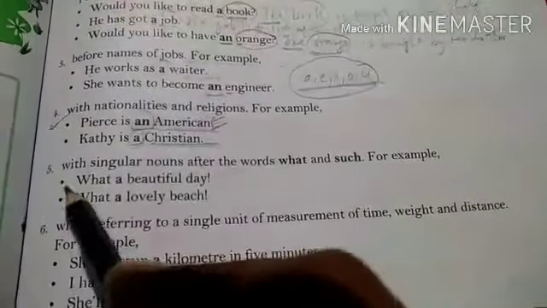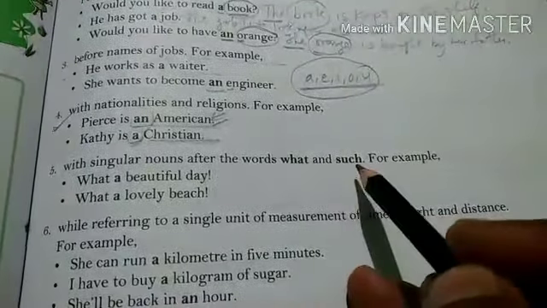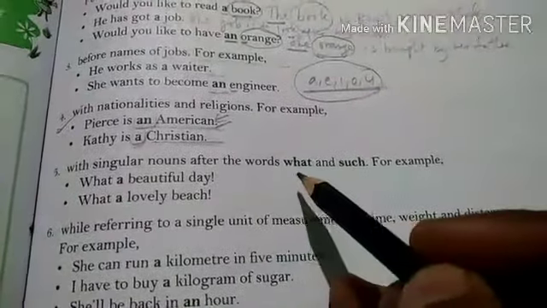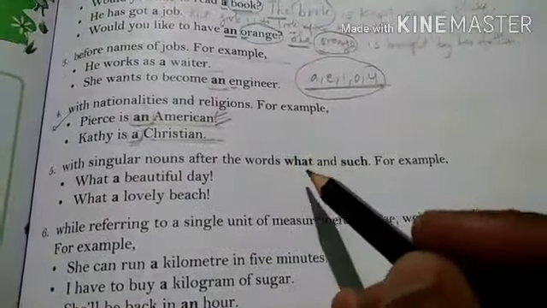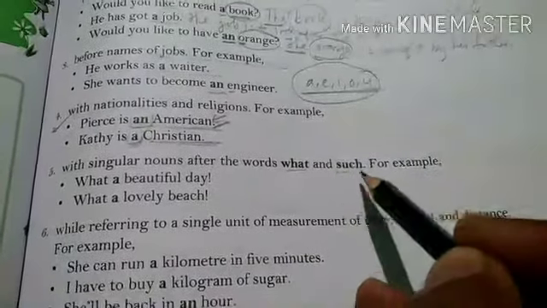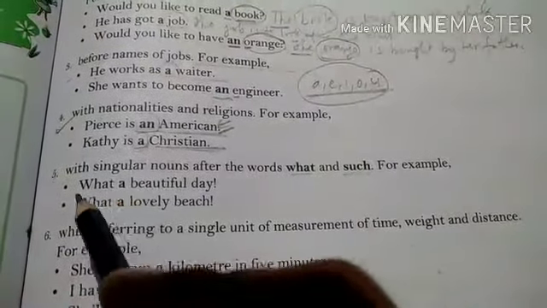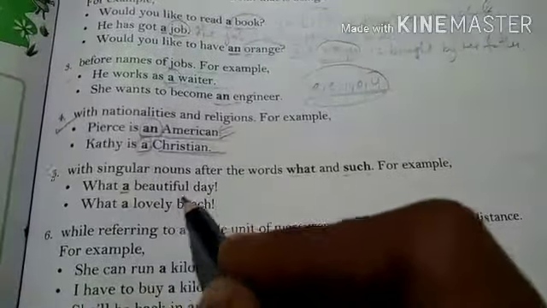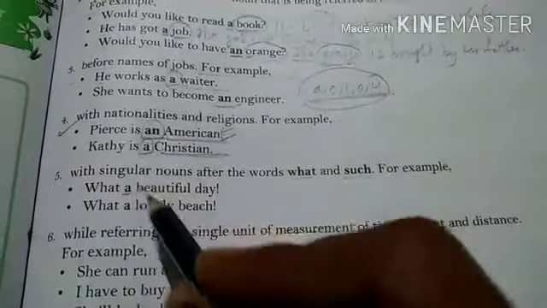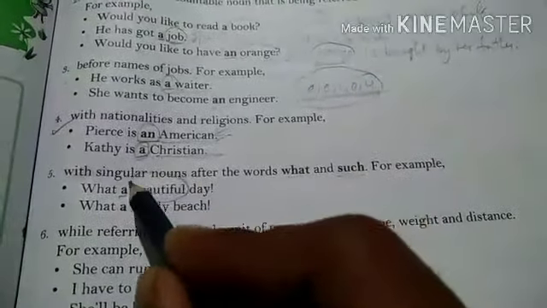Okay. Now, with singular nouns after the words what or such. Before the singular words, after using what and such, if the nouns are countable, like what a beautiful day. Here we have used the article before the adjective; beautiful is an adjective here.